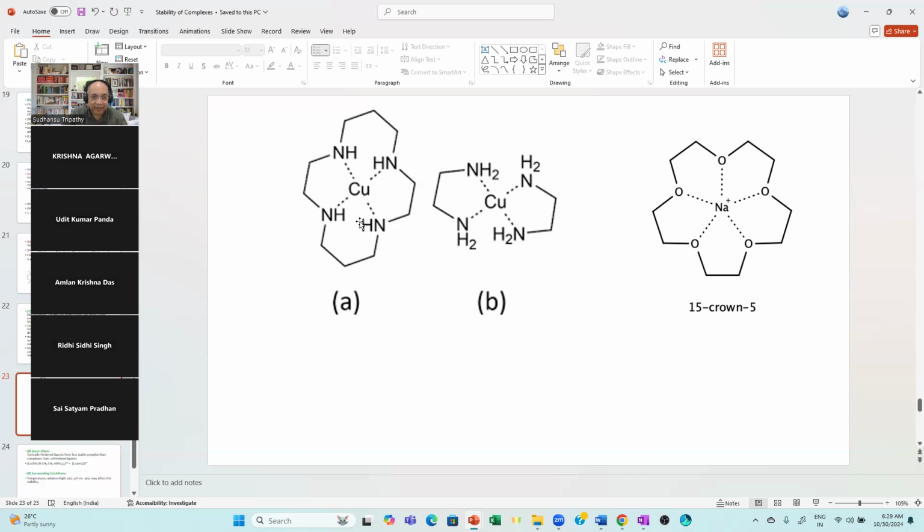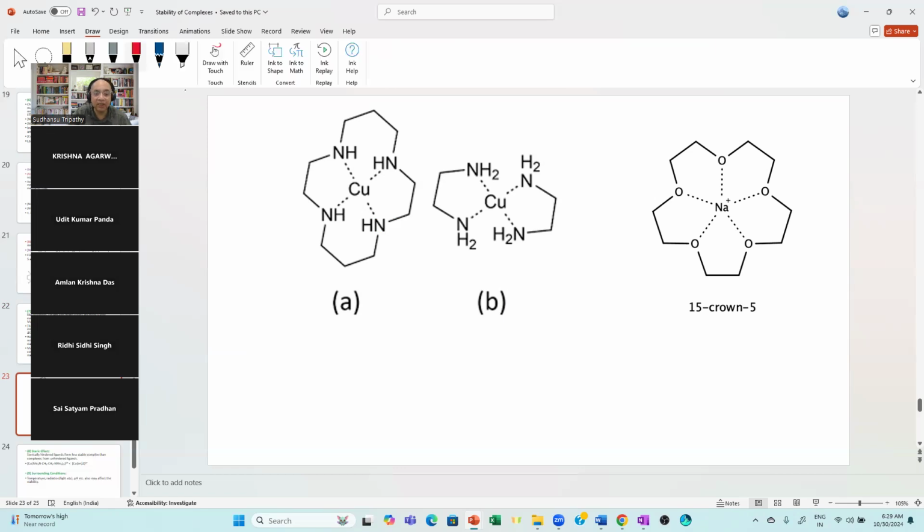So you will find that this is greater. I have not shown the stability of this complex. Having coordination number 4, the square planar complex is much greater than bis ethylene diamine copper 2. And here another, this is a crown ether having 5 oxygen donors to sodium.